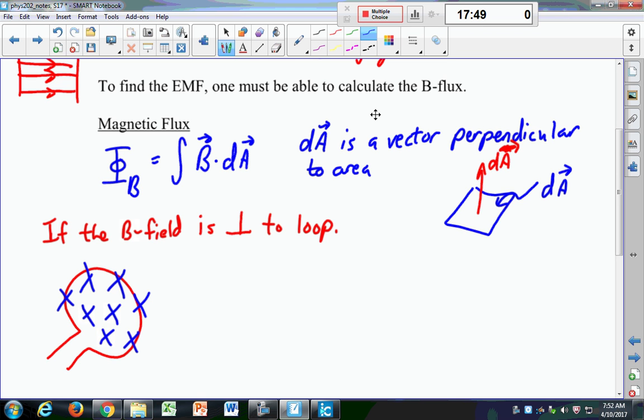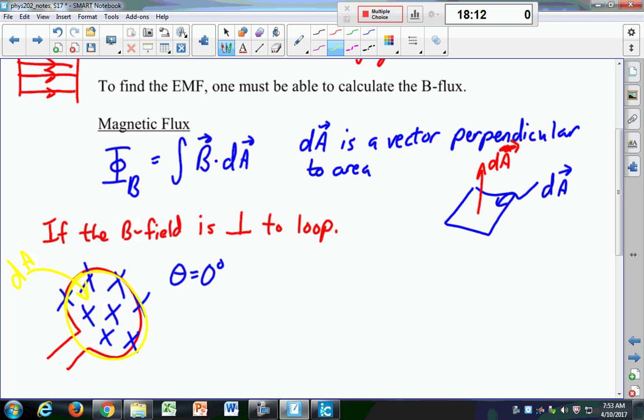Then in this case, theta is equal to 0. My area vector is right here. This is dA. And my vector dA is perpendicular to this.